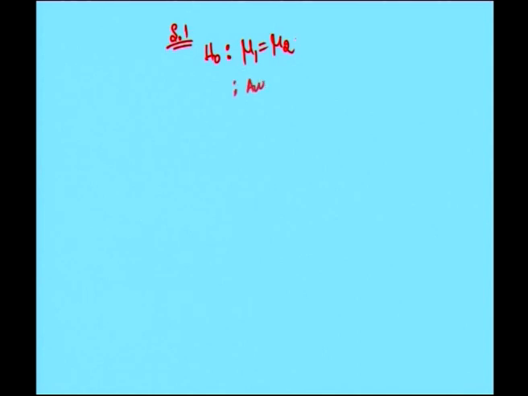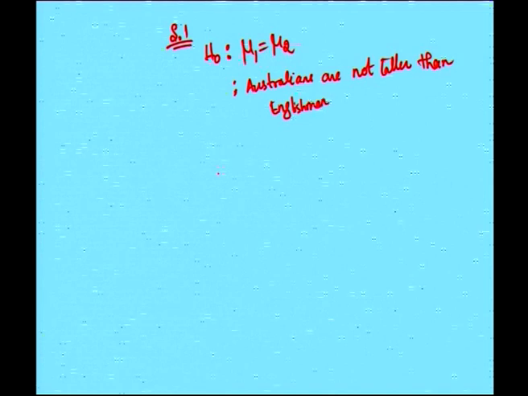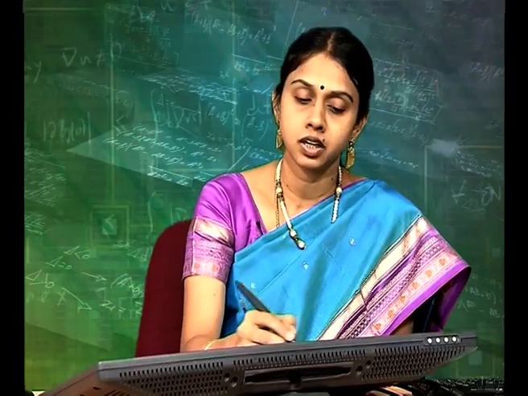So, equal in the sense has been written as Australians are not taller than Englishmen. For sake of clarity with alternative hypothesis, it is written as not taller. Actually, H naught means Australians and Englishmen are equal in height.